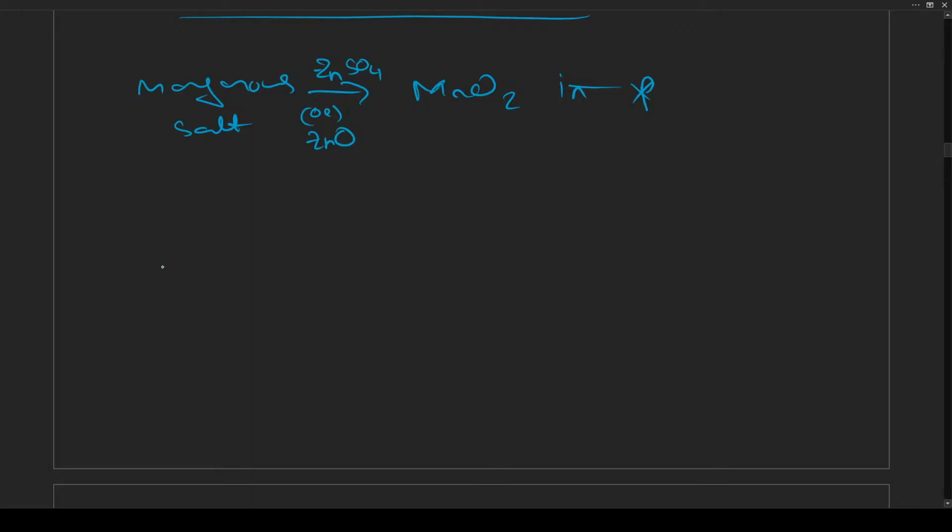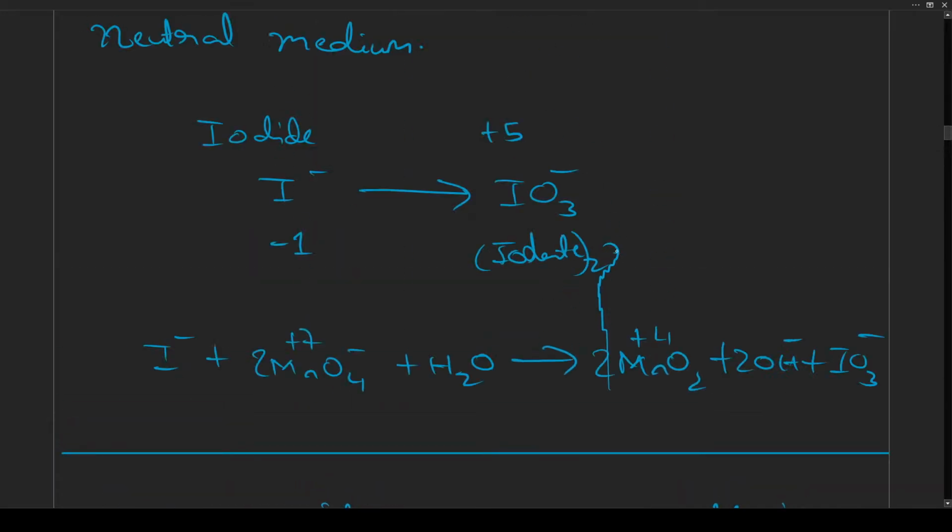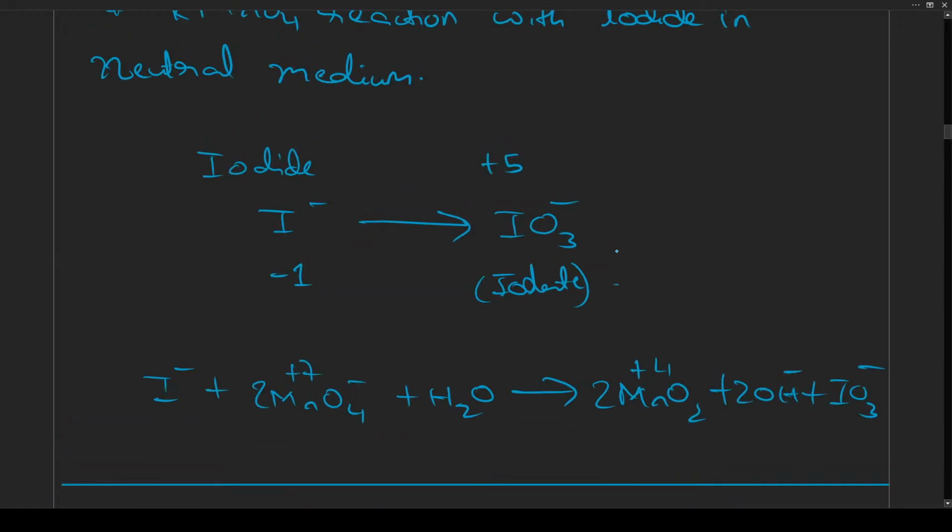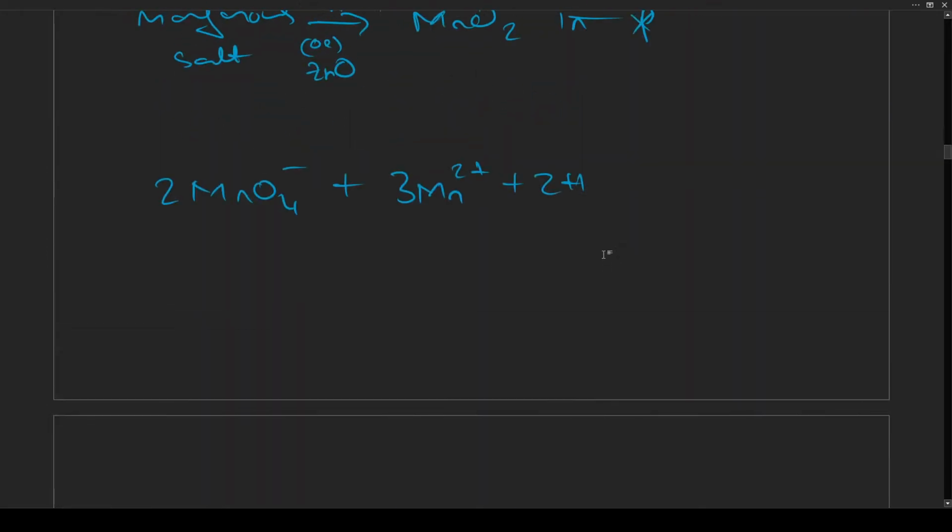In neutral medium, the reaction is 2MnO4 minus plus 3Mn2 plus, the manganese salt, plus 2H2O gives 5MnO2 plus 4H plus.